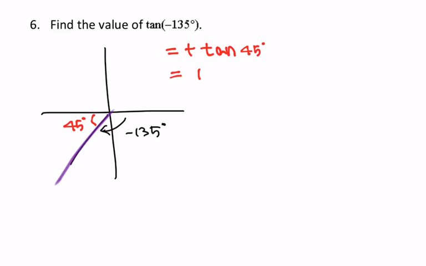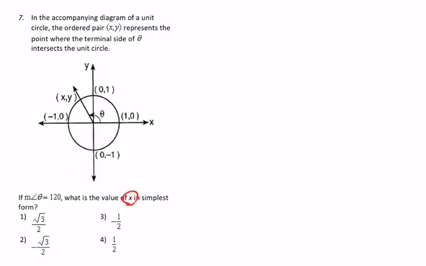All right, let's look at number 7. They want us to find the value of x on the unit circle. X, we know that to be equal to cosine. So that means we are looking at cosine of 120.